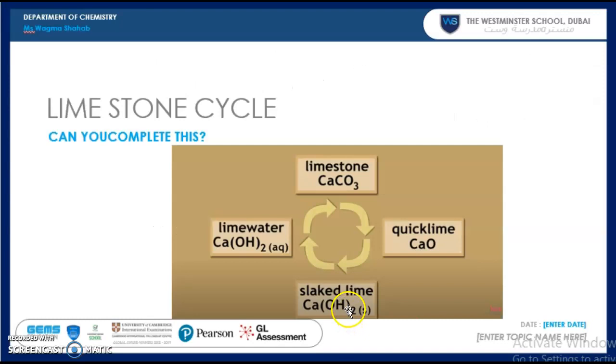This slaked lime, if you add more water into it, will turn into lime water, which is an aqueous solution of slaked lime. And the same lime water, when you pass carbon dioxide through it, will turn into calcium carbonate. So this is all about how we can form a limestone cycle.